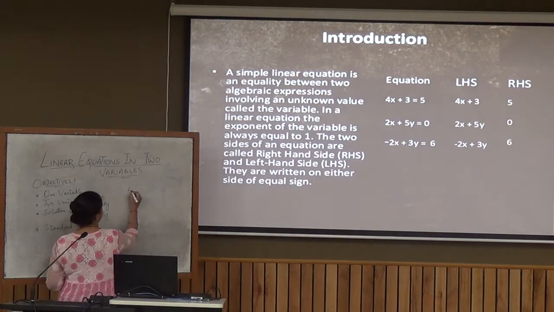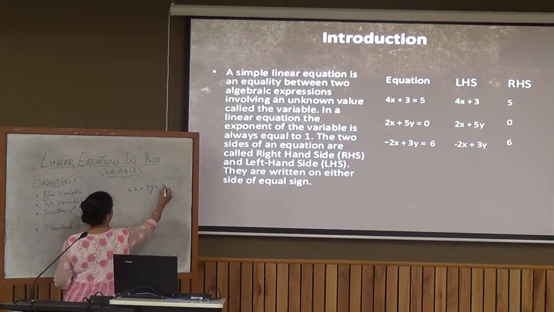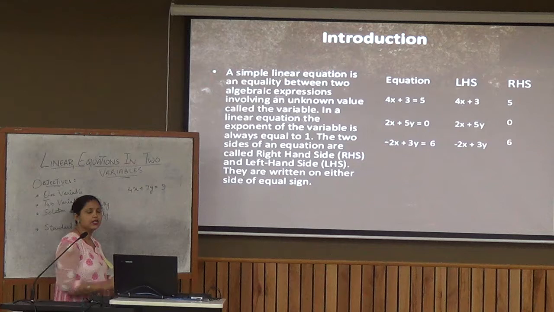If one equation is given to us, like 4x plus 7y is equal to 9, how do we get the solution, and what do we mean by the solution of a linear equation here?